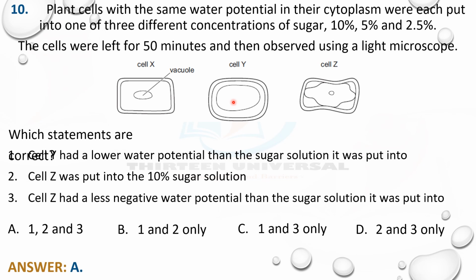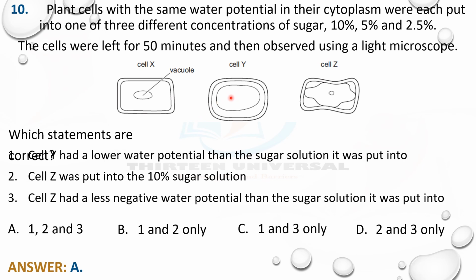Yes, if you put a cell in a solution that has higher water potential, then because cell Y has lower water potential than the solution, water will move from the solution into it. So it becomes bigger, turgid. That's correct. Water moved in from the solution into cell Y because cell Y has lower water potential than the solution.